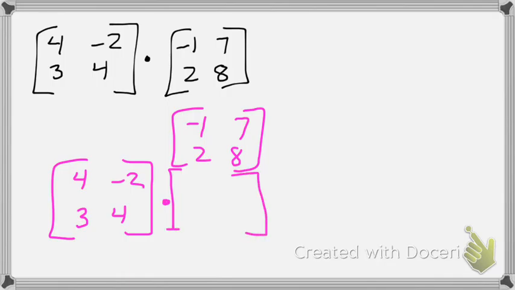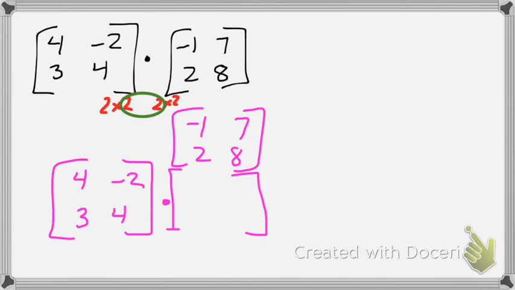We know that the first one is a 2 by 2, and the second one is a 2 by 2, which means that the internal numbers match, so we're good, and the answer is going to be a 2 by 2.